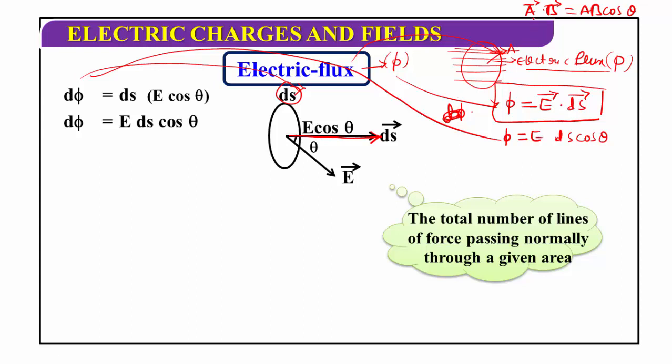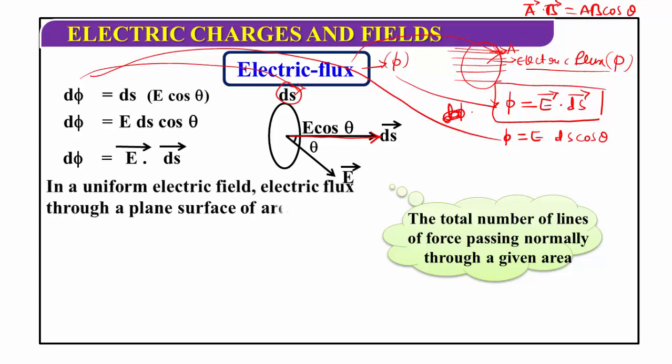Using the property vector A dot B is equal to AB cos theta, we get d phi is equal to E ds cos theta, which can be written as vector E dot ds, in A dot B form. D phi is equal to vector E dot ds.